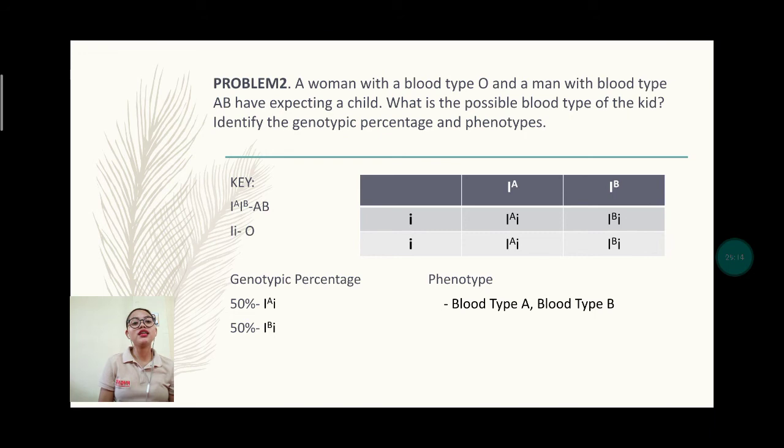Okay, problem number 2. A woman with blood type O and a man with blood type AB are expecting a child. What is the possible blood type of the kid? So we're going to identify the genotypic percentage as well as the phenotypes.